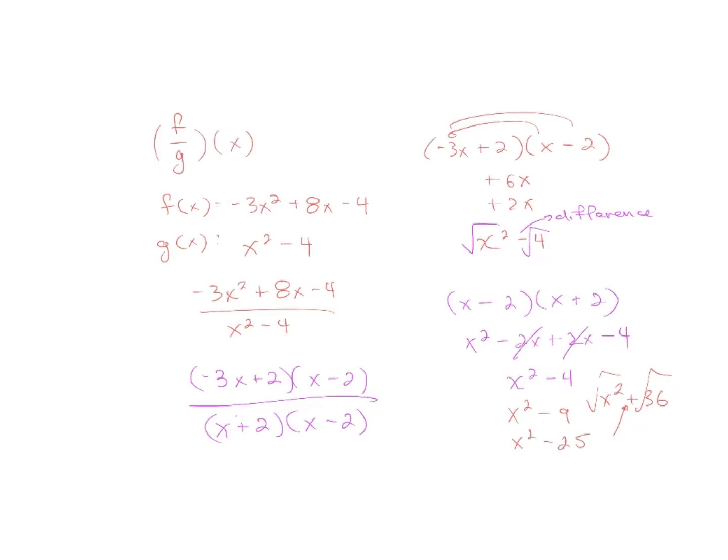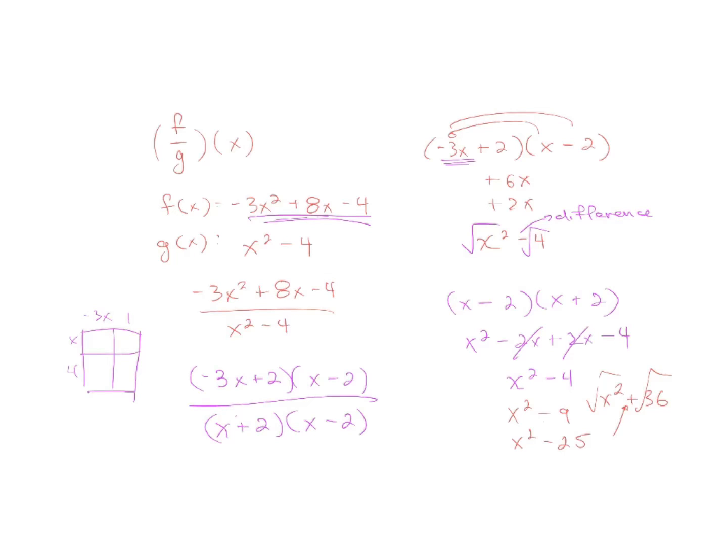A couple of things why I want to show you this is this idea of a negative coefficient and the fact that you could still factor, and you want to work with your box method and put the pieces together. Some may not work at first. You may try a 1 and 4 and it may not work, but you have to keep putting the pieces together until you get something that fits what we have here.